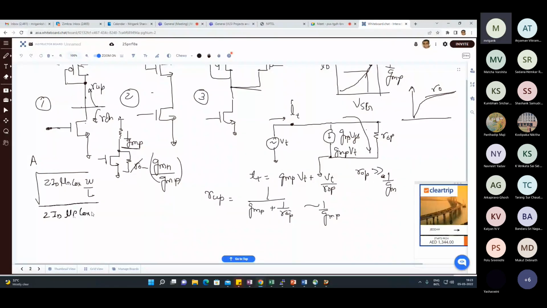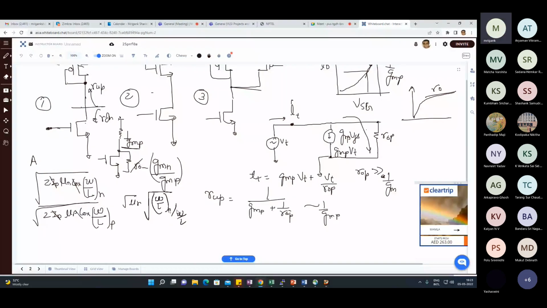COX we can still assume is the same, since both have the same oxide thickness. So this is W by L of N, and this is W by L of P, and ID is the same in this configuration. So basically, only the ratio of W by L and mu matters. If I assume that mu n and mu p have a constant ratio, call it mu r, then we have a dependency on W by L of n divided by W by L of p.